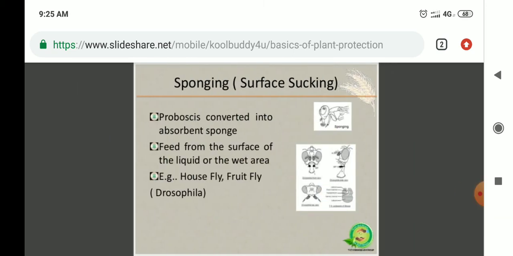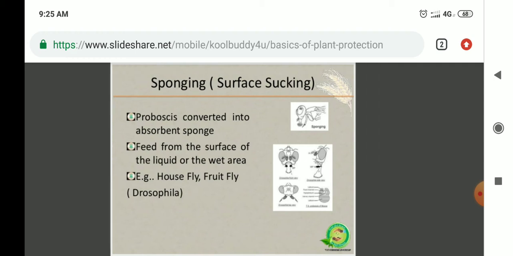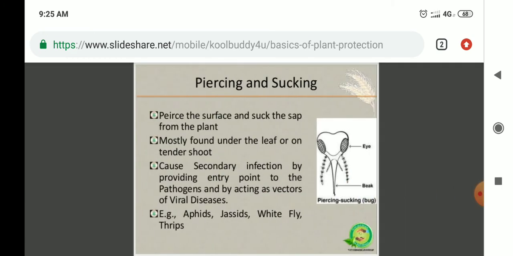Sponging is surface sucking, and the proboscis is converted into an absorbent sponge to feed on the surface of liquid or wet areas. Examples are the housefly, fruit fly and Drosophila. Next is piercing and sucking. It pierces the surface and sucks the sap from the plant, mostly found under the leaf or on the tender shoot.